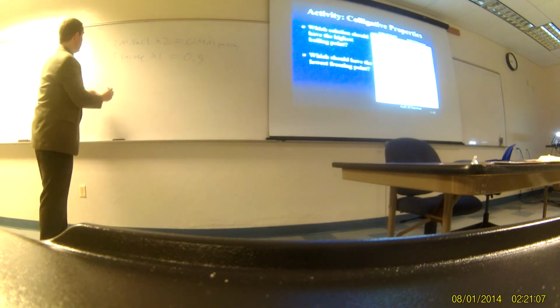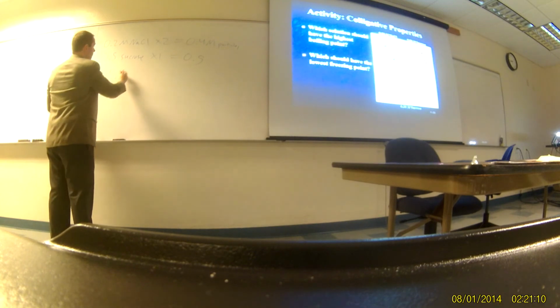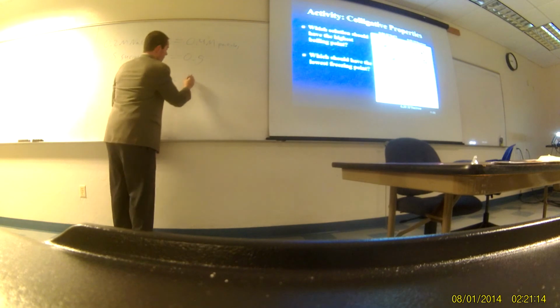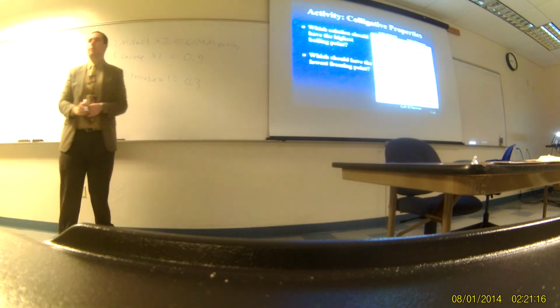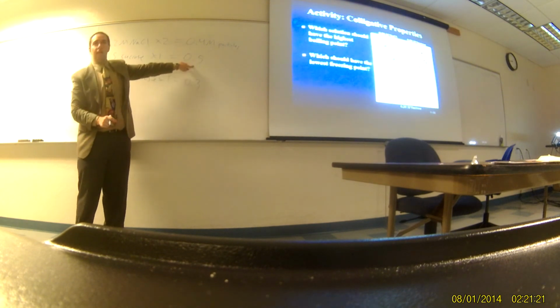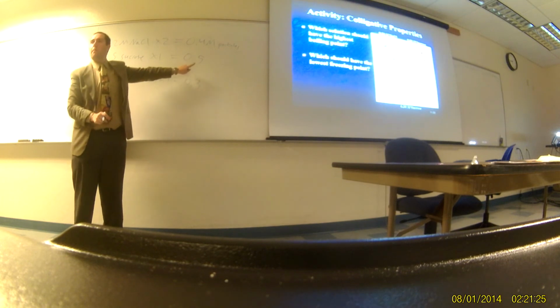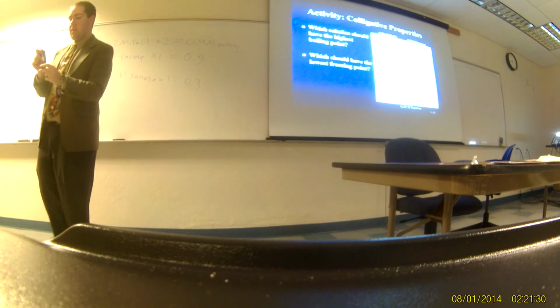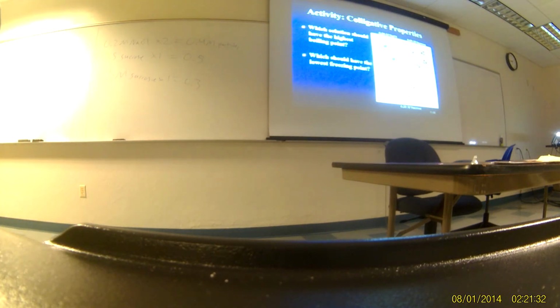And our last one is 0.3 molar sucrose. This one is 0.3. I know 0.5 is larger than 0.4. This one has the most particles. So this one is going to have the highest boiling point. Because it has the most particles, it's going to change the most, and so it's going to end the highest.